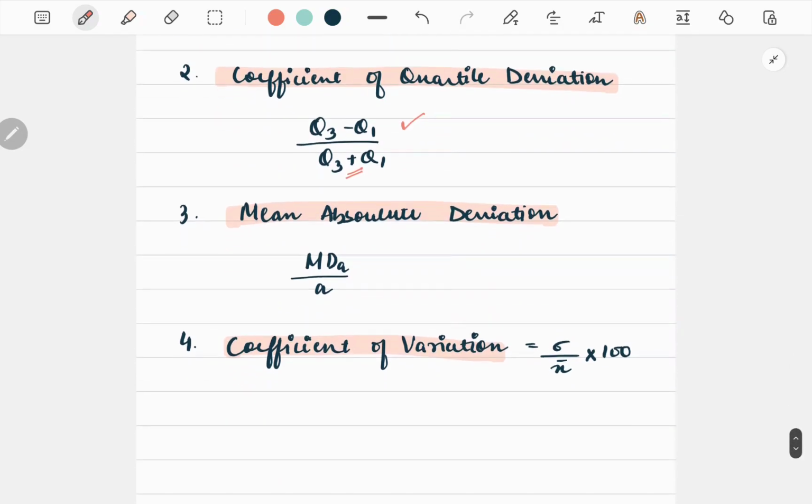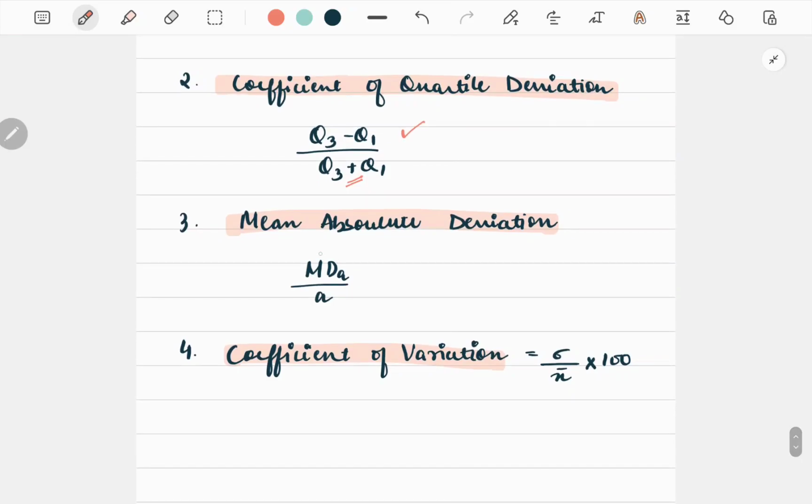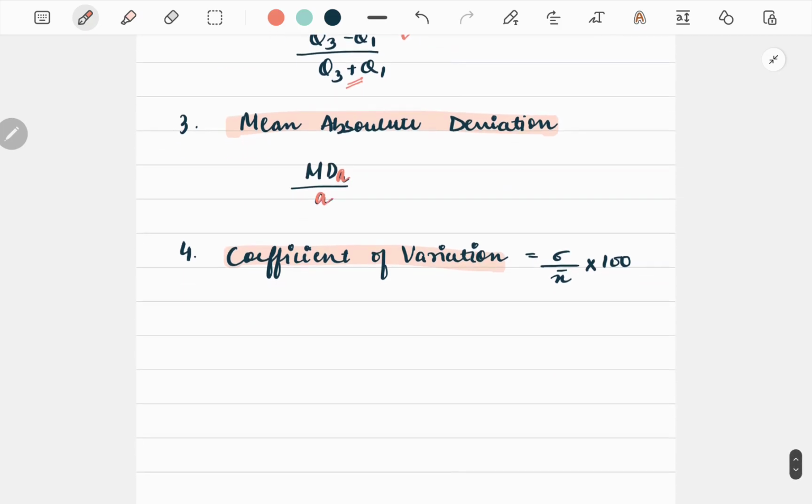In case of mean absolute deviation, it is calculated as mean absolute deviation around point A divided by point A. And coefficient of variation, which is the most important one, which is directly asked in exams, is sigma, the standard deviation, divided by mean, into 100. So it's very important to know that this is directly asked in exams, where you are given some value of sigma, x bar, and you are simply supposed to calculate the coefficient of variation using this formula.